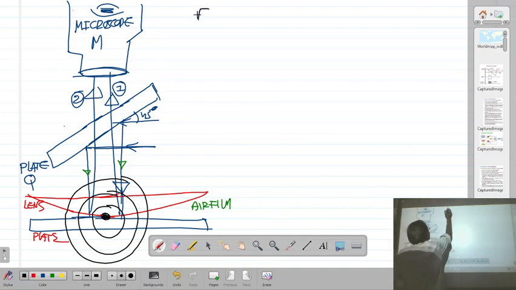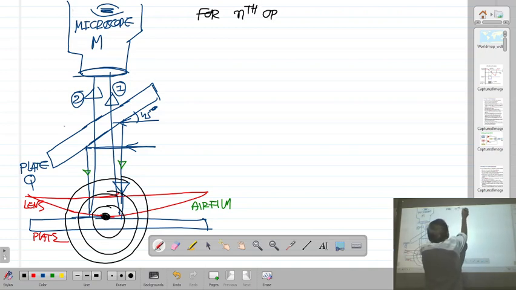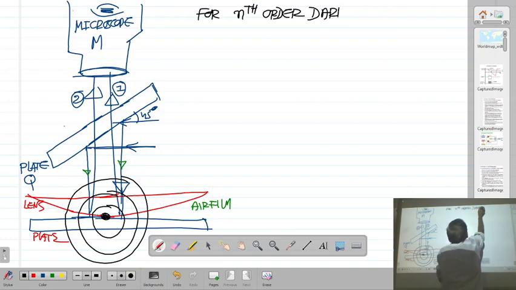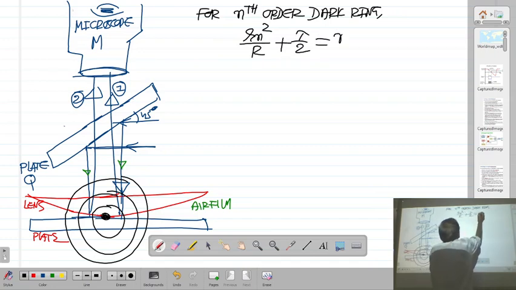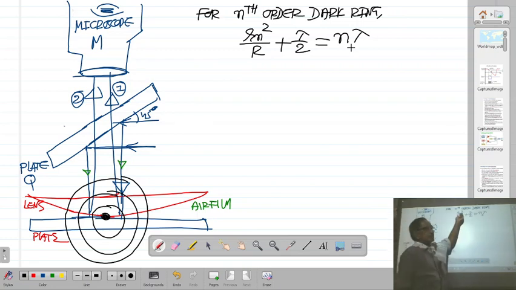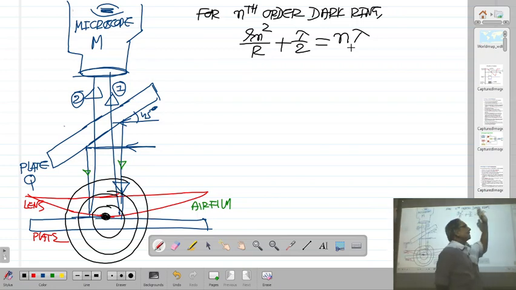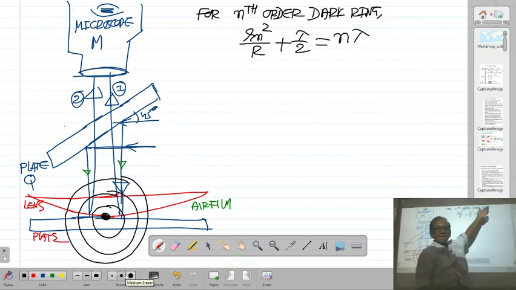For the nth order dark ring, the path difference r_n squared upon R plus lambda by 2 is equal to n lambda. Sorry, not n lambda, this is the condition of a bright ring.